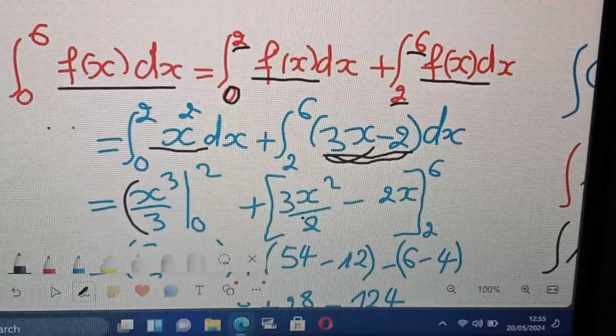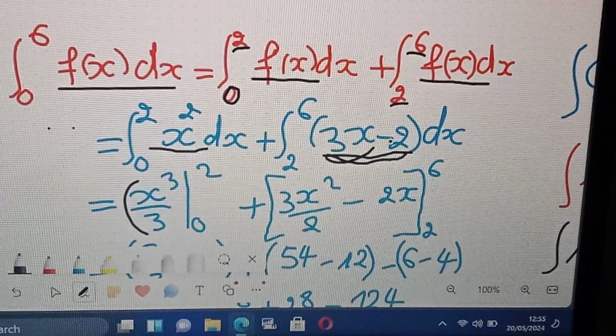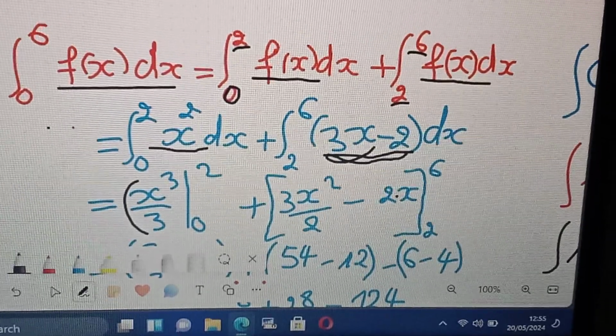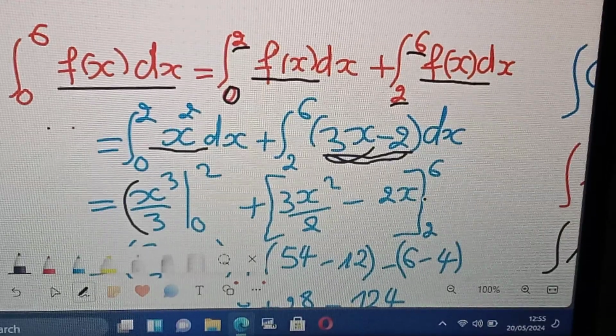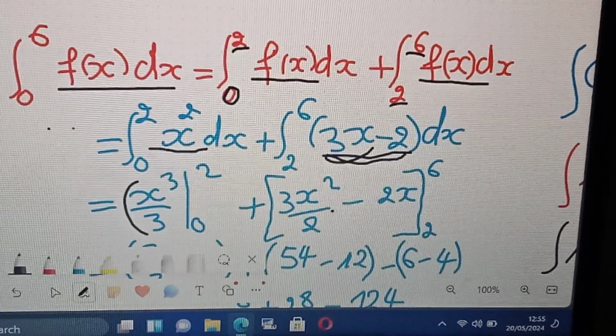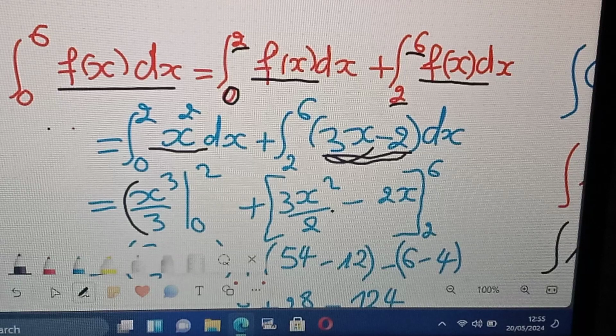Minus the integral of 2, which is 2x. The final technique is to know how to replace boundaries. Let's finalize by replacing boundaries, because we'll do application activities in pairs for more clarification.